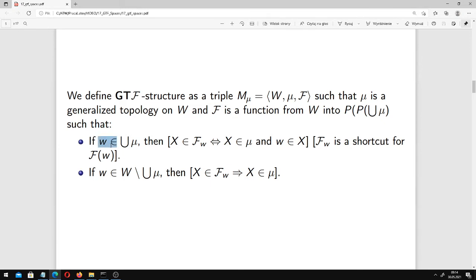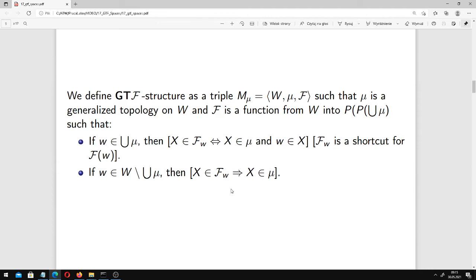If our point, our element, belongs to the union of all mu-open sets, then we just say that his open neighborhoods are his elements of F(w). But if our element is beyond any open set, then any set X is in F(w).